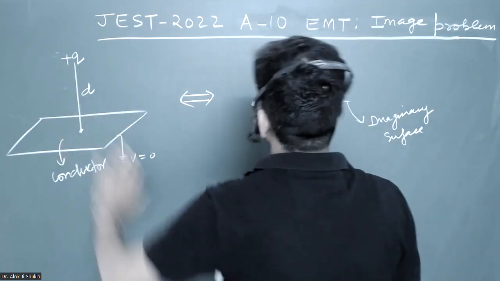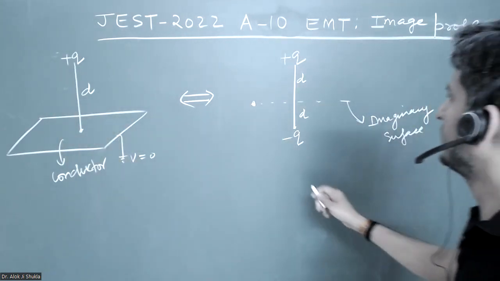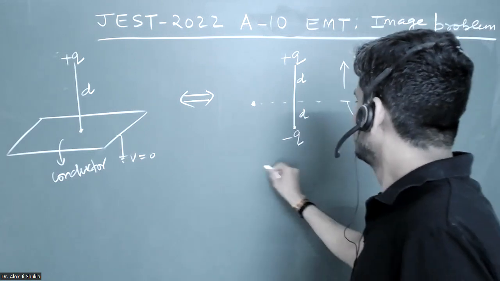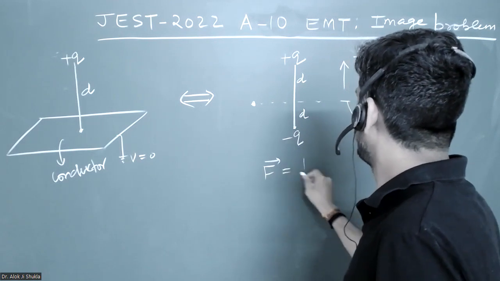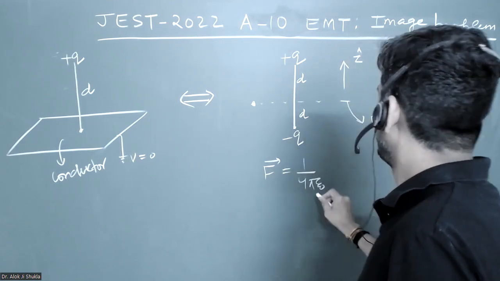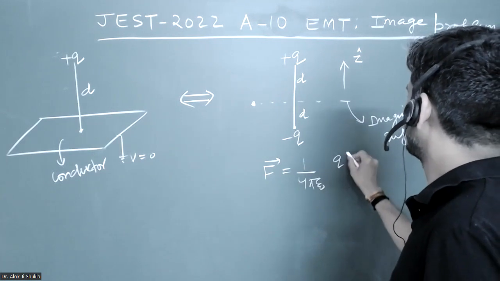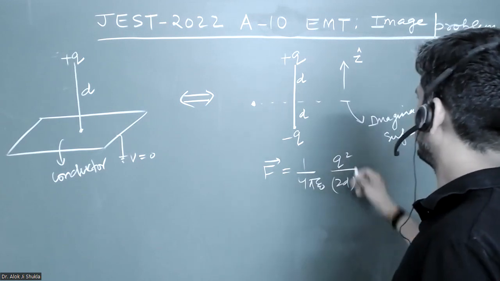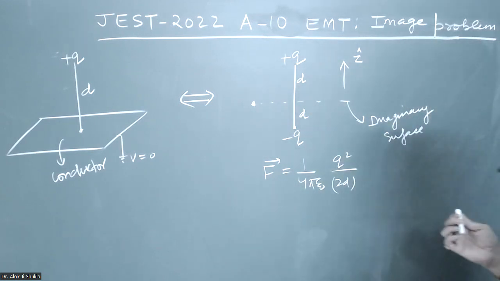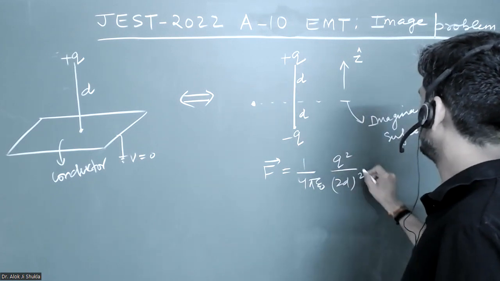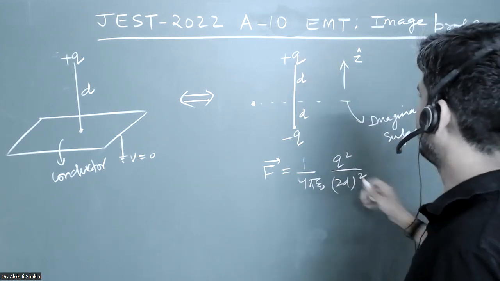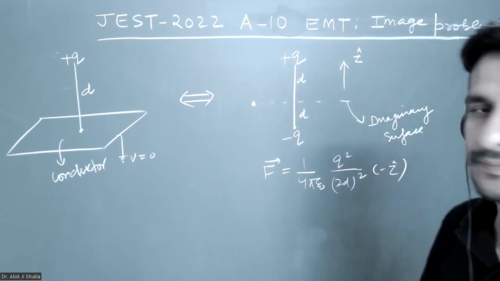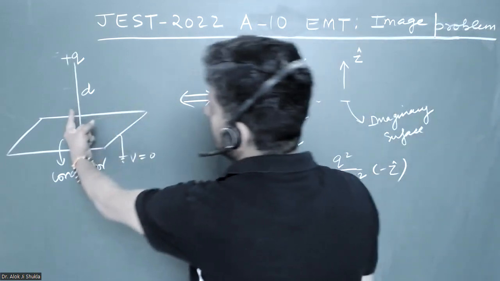So now forget about the original configuration. If I consider this as z cap, this will give you a force equal to 1 upon 4 pi epsilon naught, and q1 q2 will be q square by the distance 2d whole square. Okay, so if I consider this distance to be d, it will be 4d whole square, and this will be attracted downward, so I will put a minus z cap vector. So this is the force, and this force will be felt in the original configuration.